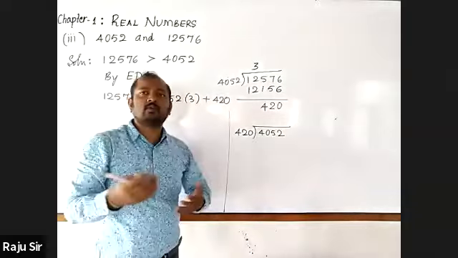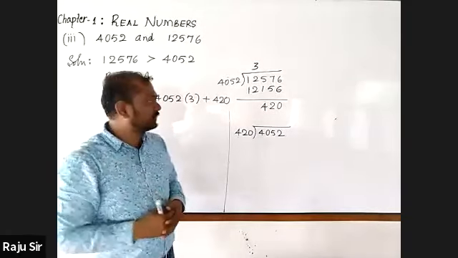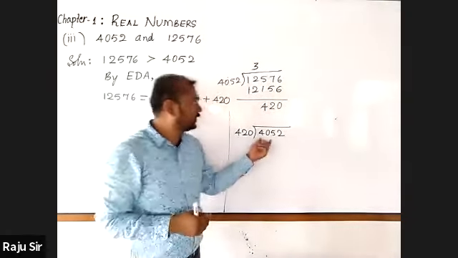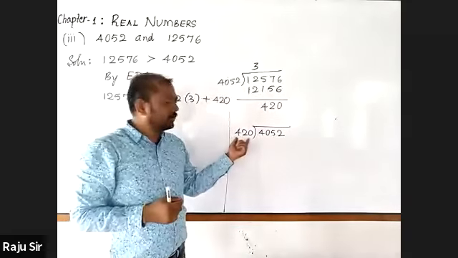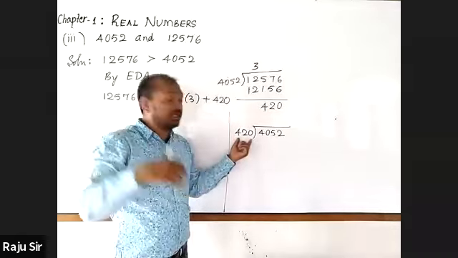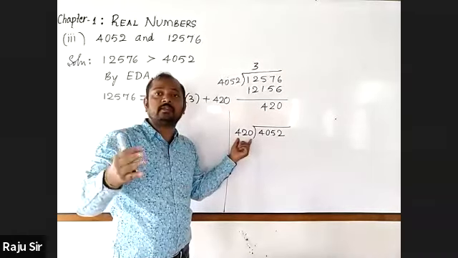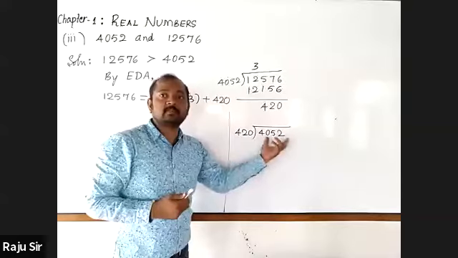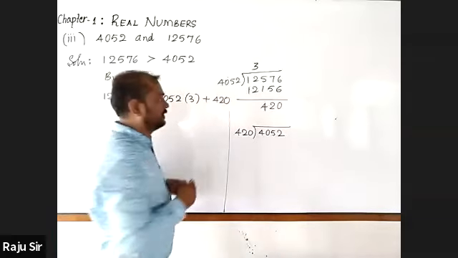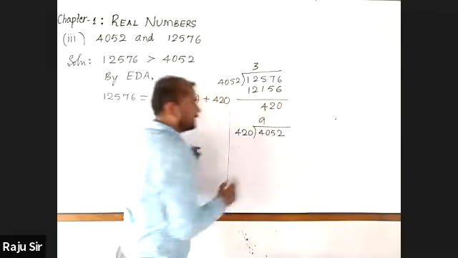Here also you can take the approximate number. Take 4,052 as 4,000, and 420 is 10. 420 tens are 4,200. But it cannot be taken. Hence, we can go for 9s. 9s up.